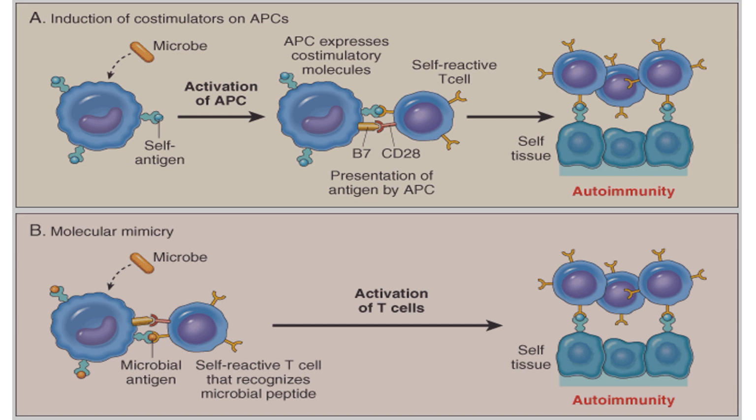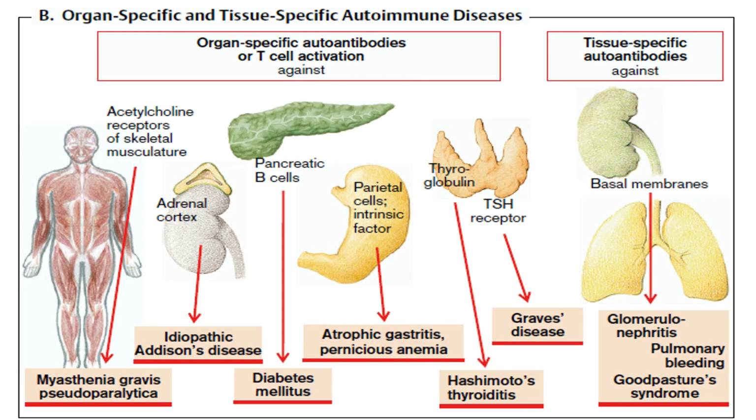And next, molecular mimicry: microbes influence the cell and form microbial antigen, and self-reactive T cells that recognize microbial peptide activate. Activated T cells influence self tissue and damage the tissue.